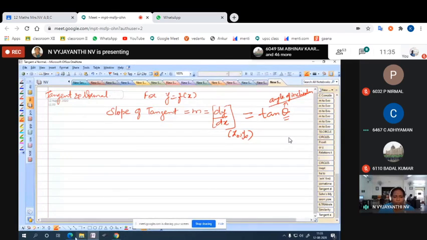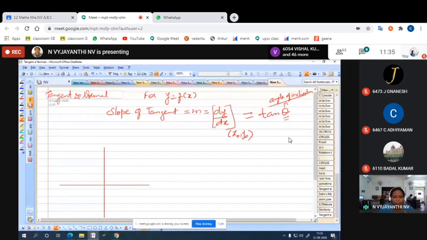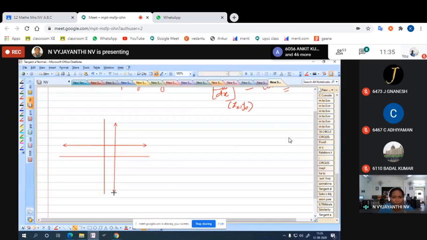And moreover, we should remember that if the tangent is parallel to the x-axis and if it is parallel to the y-axis, then we should know how its slope will be. If this is the tangent which is perpendicular to the x-axis, then slope m is equal to tan 90.